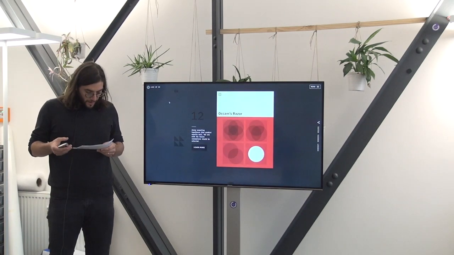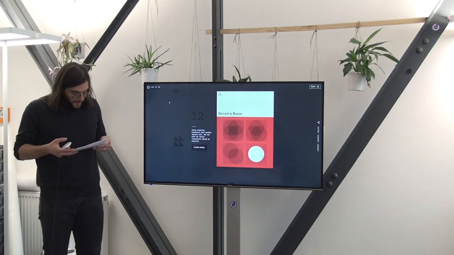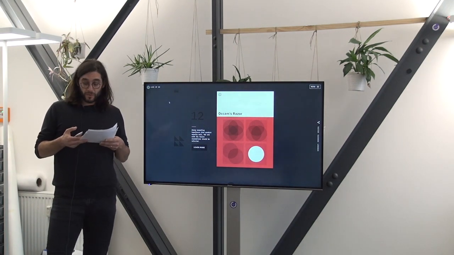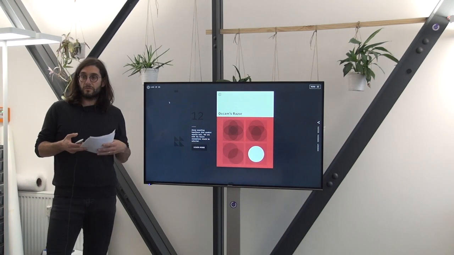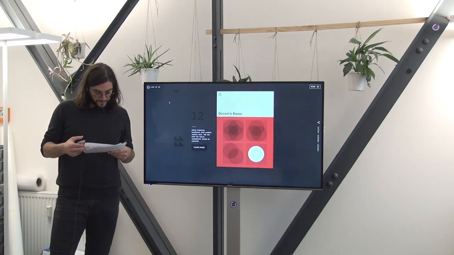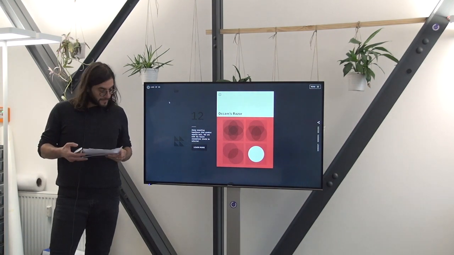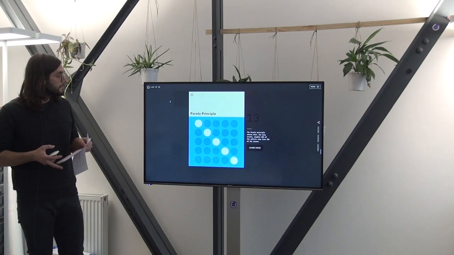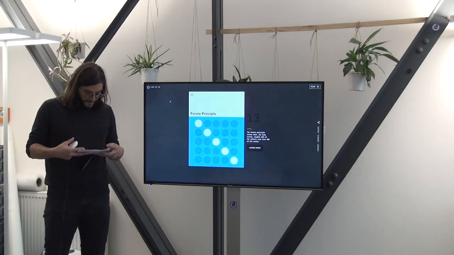12. Occam's razor. Analyze each element and remove as many as possible without compromising the overall function. 13. Pareto principle.